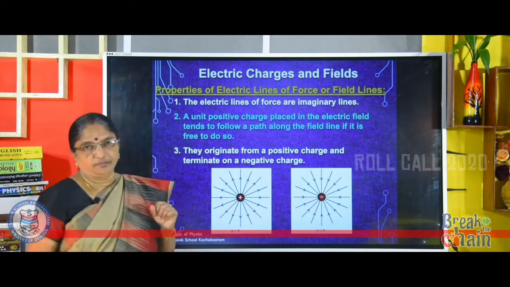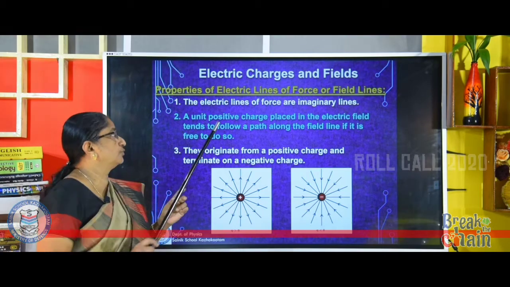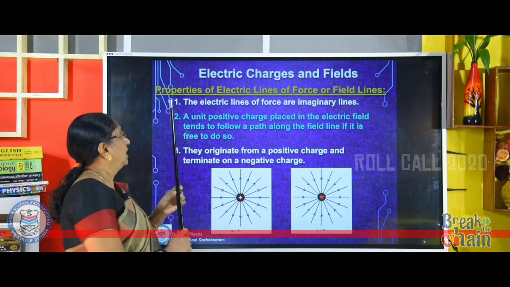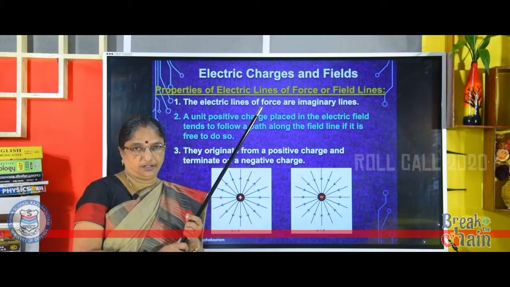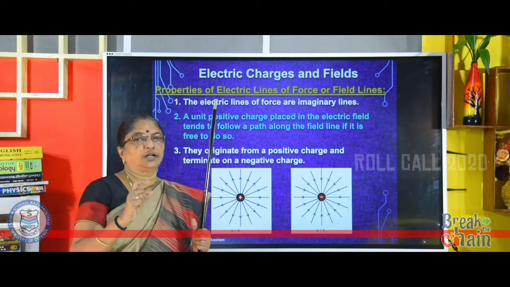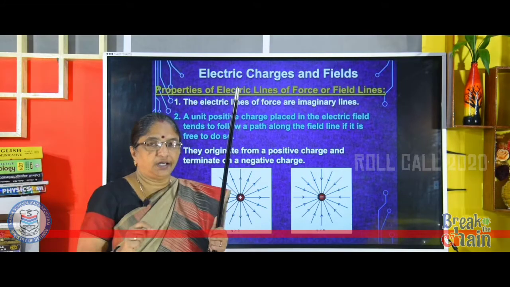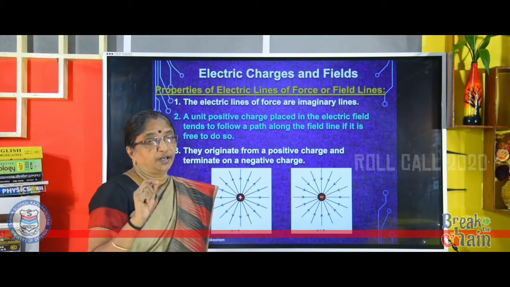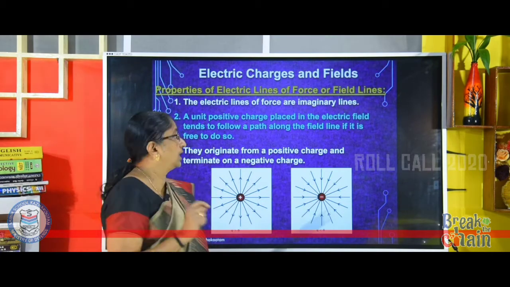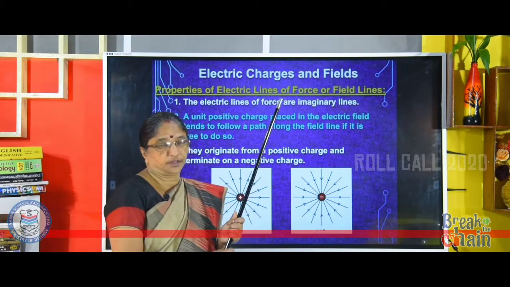Just see the properties of electric lines of force. They are imaginary lines. From the definition of electric lines of force, you have seen that they are the paths followed by a test charge when kept in an electric field. So, they are imaginary lines.